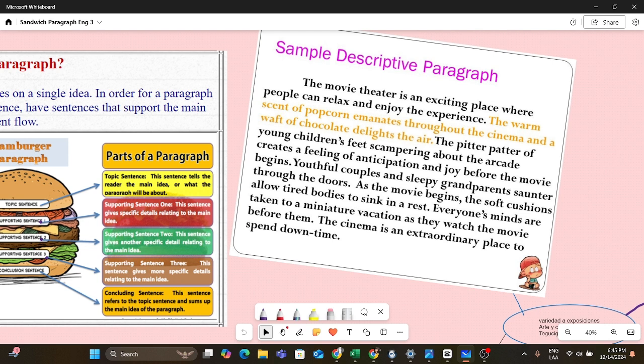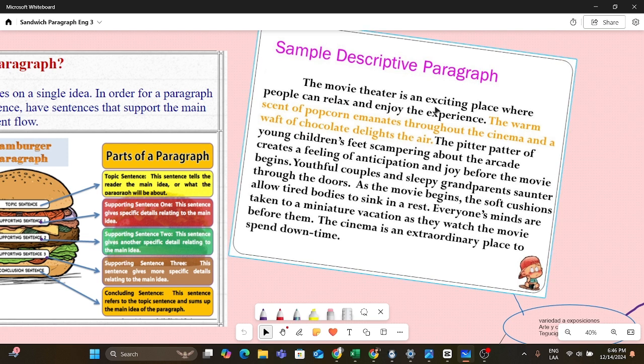But this one we're going to see is a descriptive paragraph, so you're going to find a lot of adjectives and a lot of illustrations. This is going to be the topic sentence, like the bread, the top part of the hamburger. The movie theater is an exciting place where people can relax and enjoy the experience. That is my opinion, and now I need to support it.